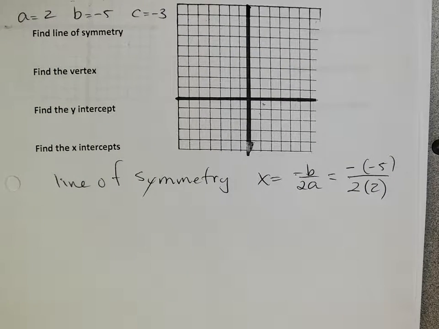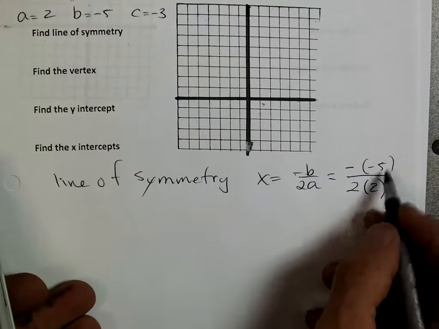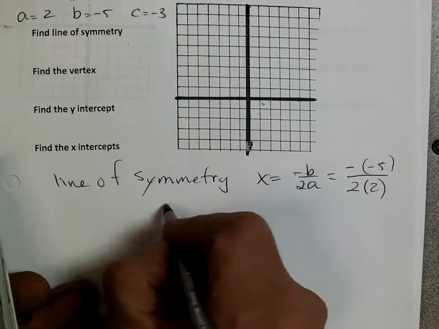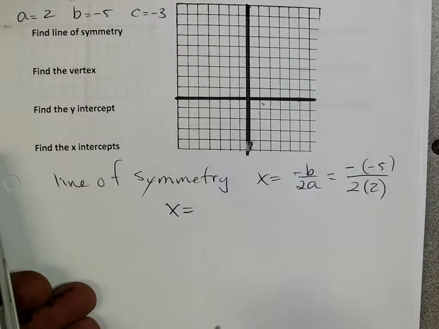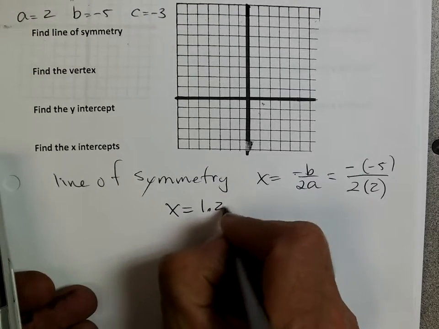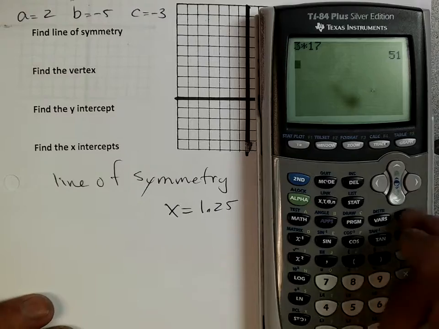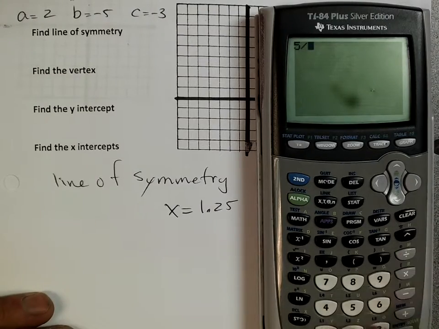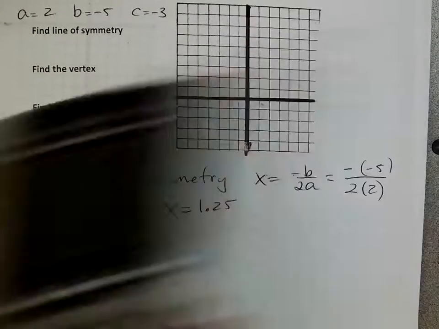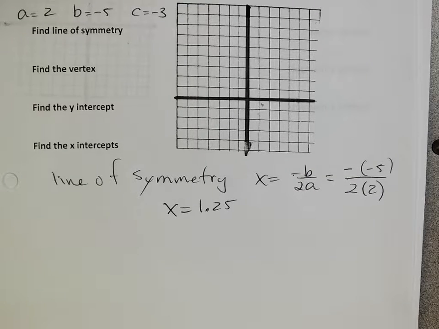I'm just going to simplify that, and I get a positive 5 over 4, or the line of symmetry is equal to 1.25. And if you're not sure, you can just use a calculator. What is 5 divided by 4? Sure enough, 1.25. So that's the line of symmetry. That's the line that goes right down the middle of the parabola. It cuts it in half.